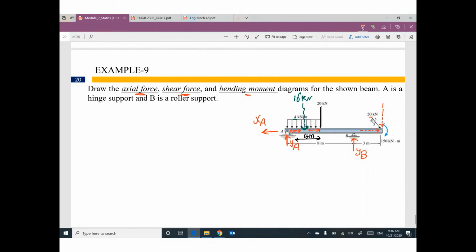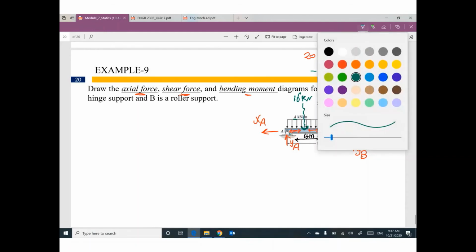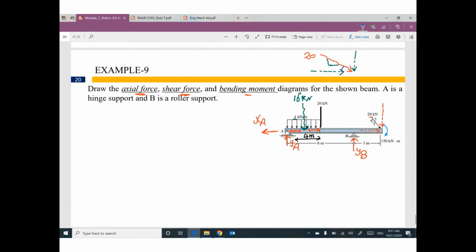We have inclined force. Do you remember? First module, first week in this course, we have a force 20. You have angle? No. I have right angle triangle. I'm looking for horizontal component and vertical component. Go ahead and select an angle. So I'm gonna assume my angle is here theta.